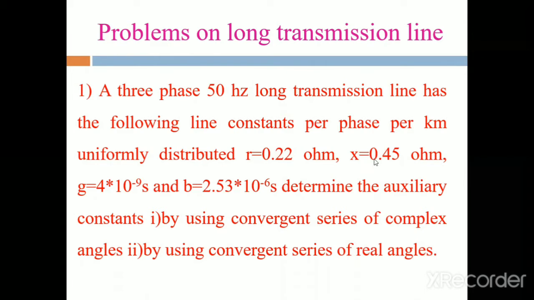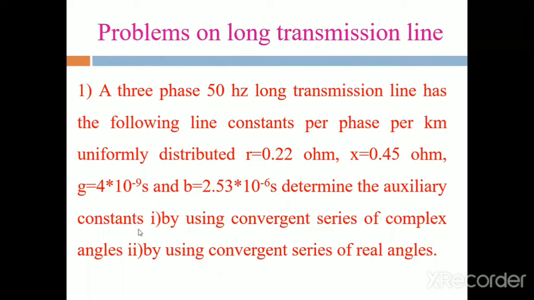X is equal to 0.45 ohms, also per phase per kilometer. And G is equal to 4 into 10 power minus 9 Siemens, and B is equal to 2.53 into 10 power minus 6 Siemens, also per kilometer.